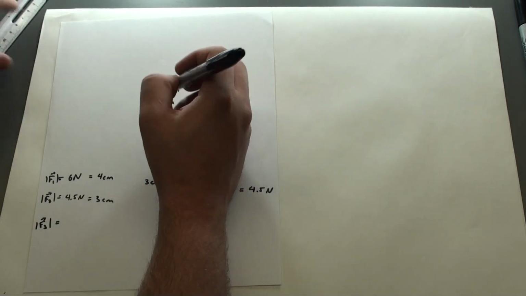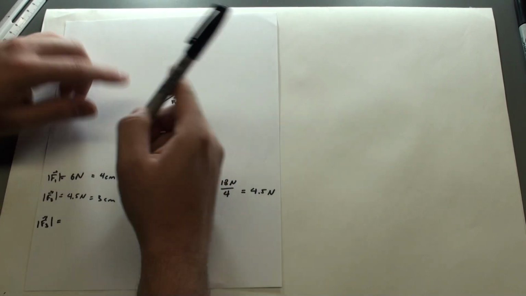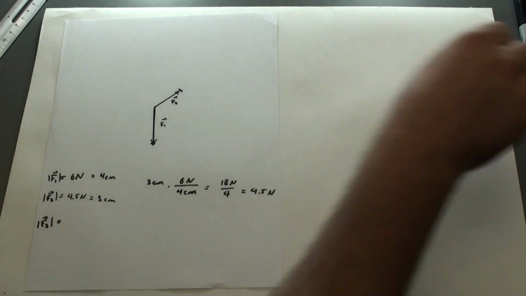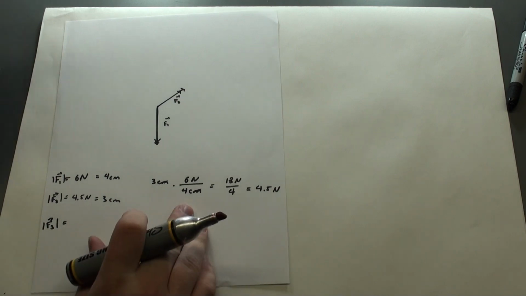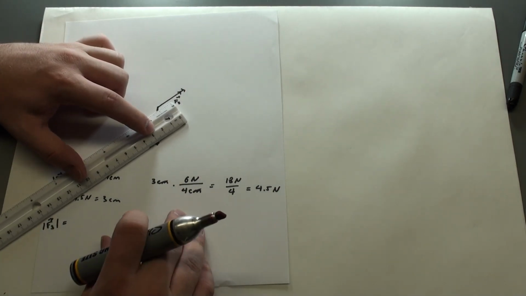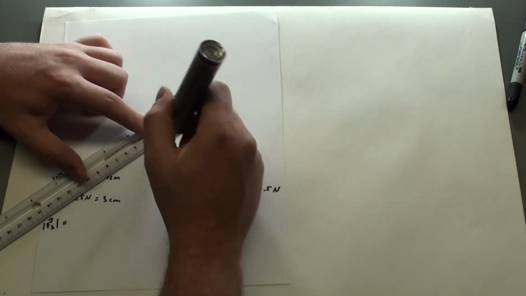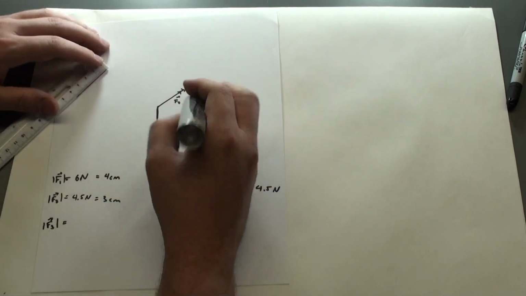So instead of adding force 2 here, let's go ahead and put in a line for force 2 that is 3 centimeters long here, and that is also parallel to that line. So we're going to just draw this vector sum right on top of our free body diagram that we had already drawn.